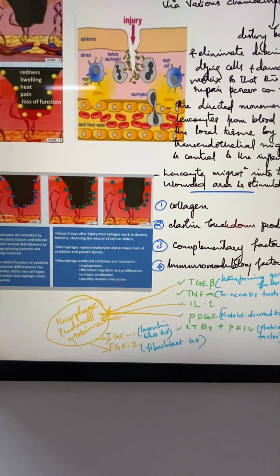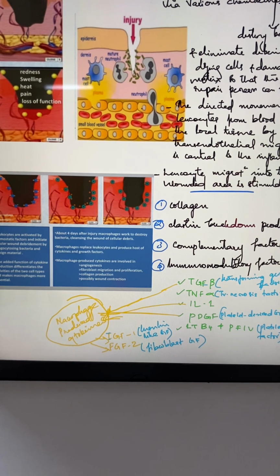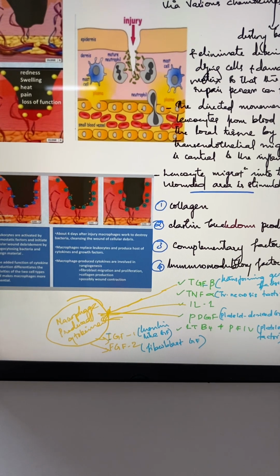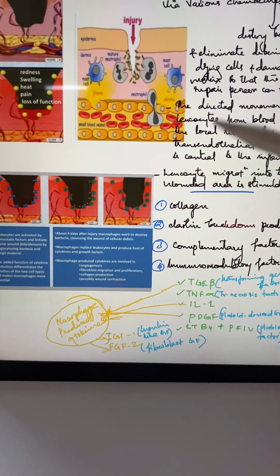Mast cells release certain chemicals such as histamine, leukotrienes and prostaglandins, and these chemicals act on the surface of the blood vessels, so that margination and diapedesis occur. Due to that, neutrophils and macrophages come out of the blood vessel and go into the tissue space where they are required. That is the process that happens.